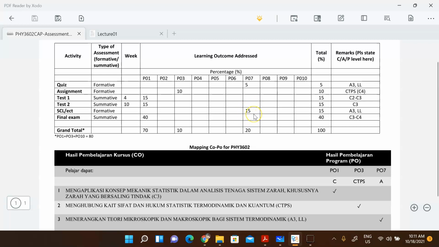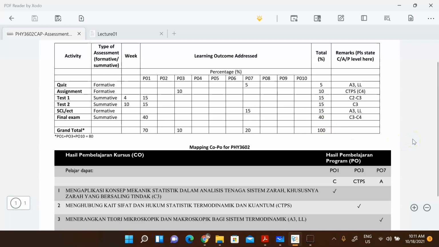When you review these papers, it gives you some ideas about what is still interesting in research among the topics of statistical mechanics. And then there will be, of course, the final exam. So that makes up 100%.